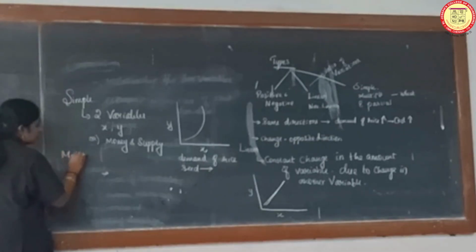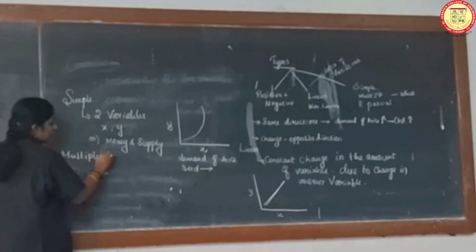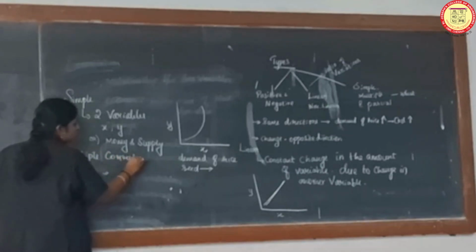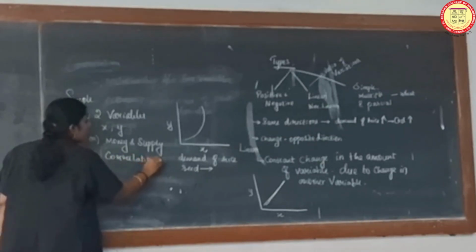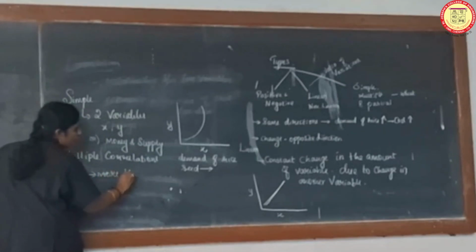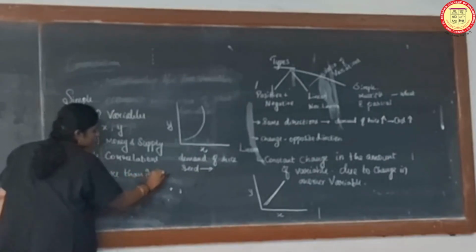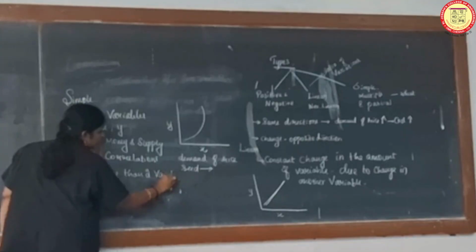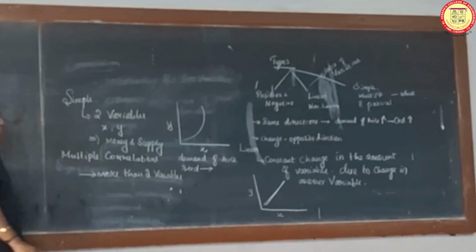Multiple correlation. Multiple correlation means we are using more than two variables. More than two variables means that type of correlation is called a multiple correlation.